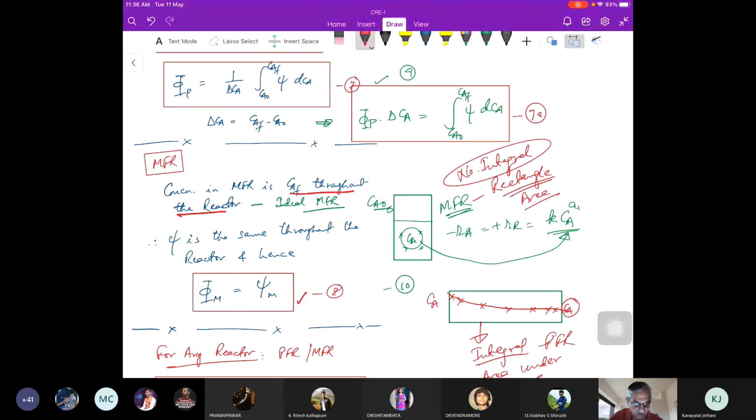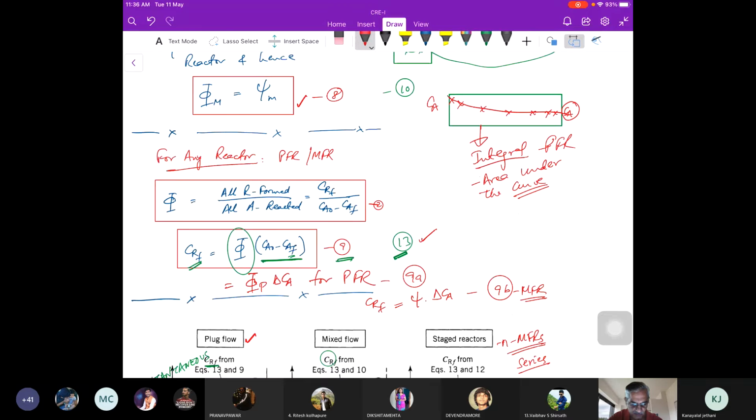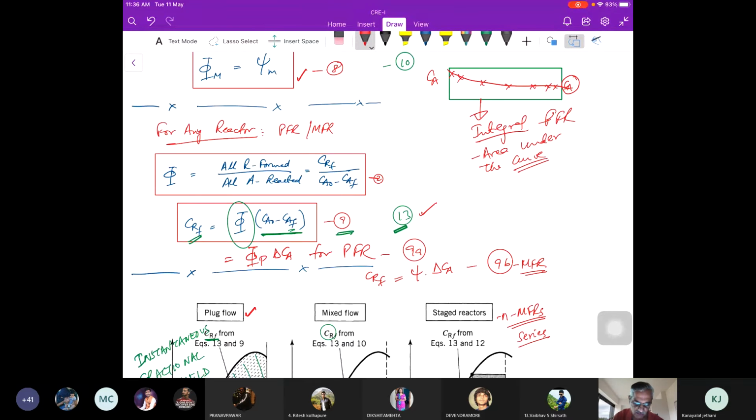Okay. So for the reactor, phi is equal to all R formed upon all A reacted, CRF upon CA naught minus CF, and CRF is equal to phi into CA naught minus CF. This equation is equal to phi p into delta CA for PFR and is equal to psi into delta CA for mixed flow reactor.